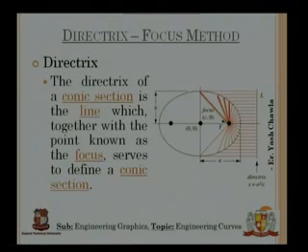Now here I will tell you what the directrix is. So this is my focus, and this is a line that has been drawn. Now this line would be directrix only if I have marked these 1, 2, 3 and 4 lines.